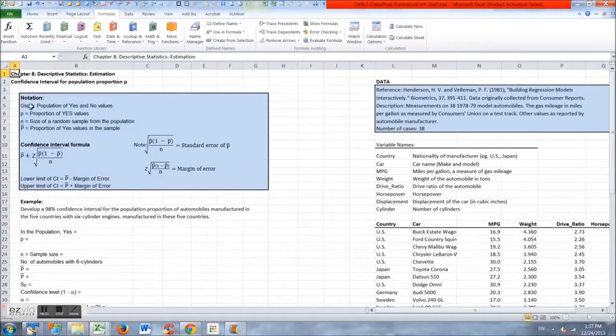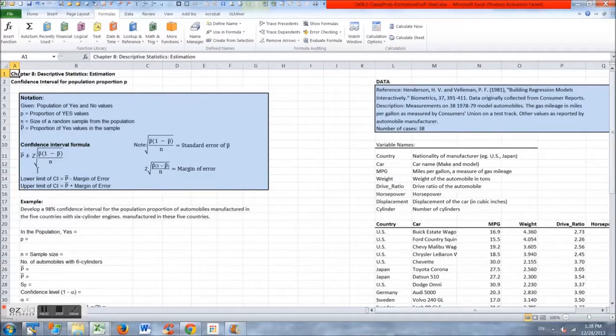Given a population has S or no values, we define lowercase p as the proportion of S values in the data. Now we take a sample of size n, and p bar is the proportion of S values in the sample. So p is the proportion in the population, p bar is the proportion in the sample.